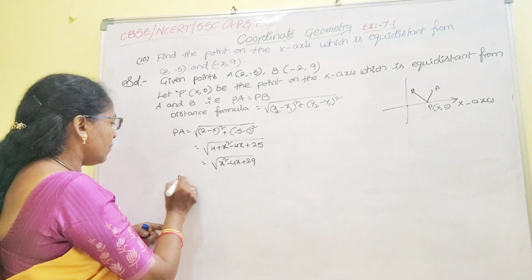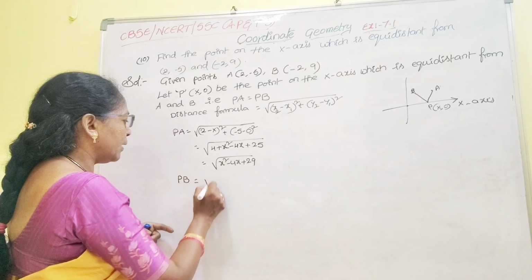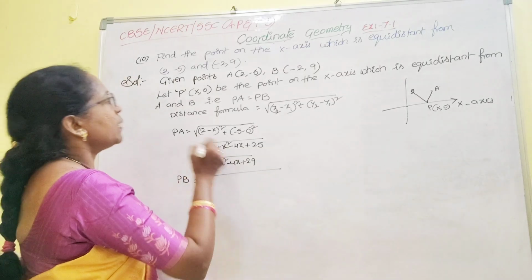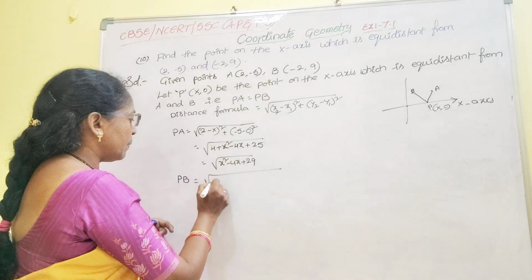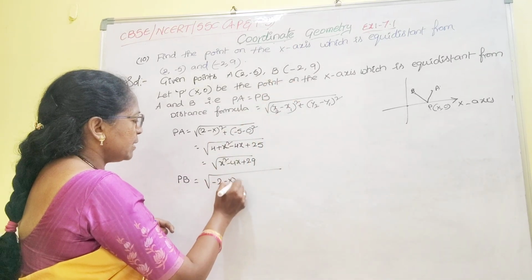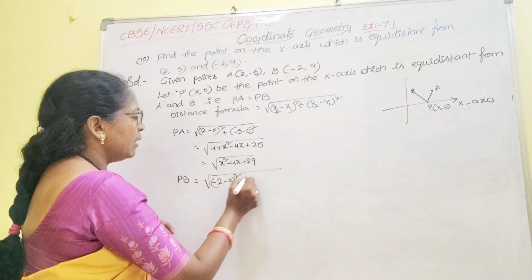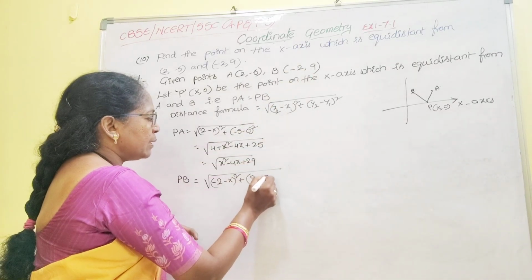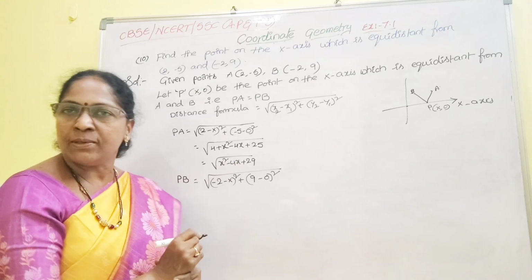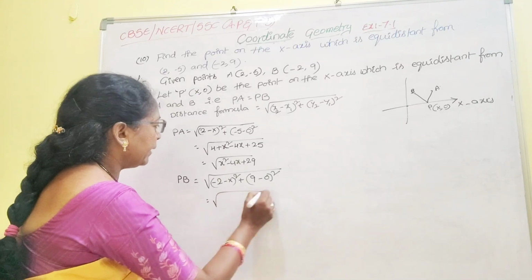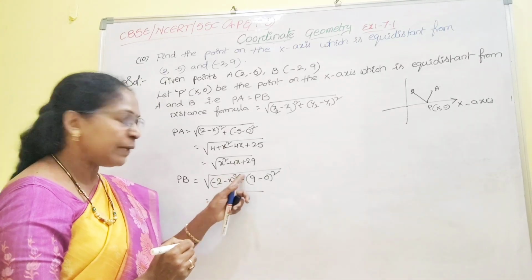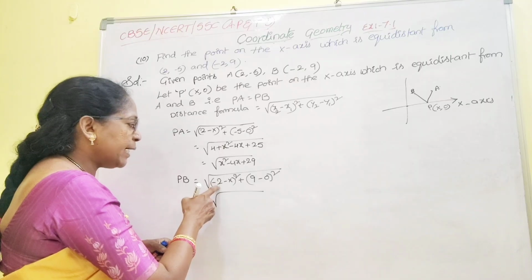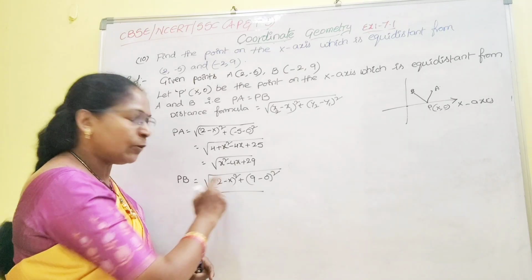Next, the distance PB equals the square root of (x2 minus x1) whole square, where x2 is minus 2 and x1 is x, plus (y2 minus y1) whole square, where y2 is 9 and y1 is 0. Again this is in the form of (A minus B) whole square. Here A is minus 2 and B is x.